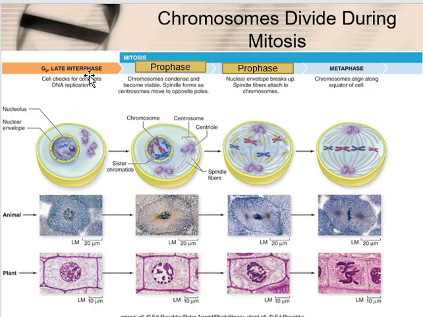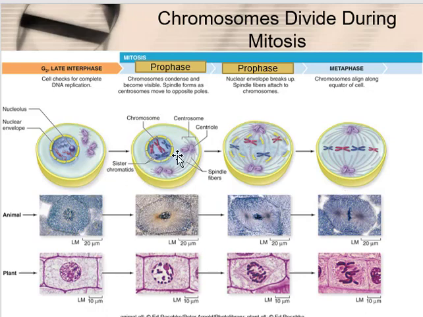Here's the animal cell. So, in prophase, you can see the individual pairs of chromosomes. Now, when a chromosome is attached to a copy of itself, it is called sister chromatids. These sister chromatids will eventually be pulled apart, one to either side, to make two new sets of chromosomes.